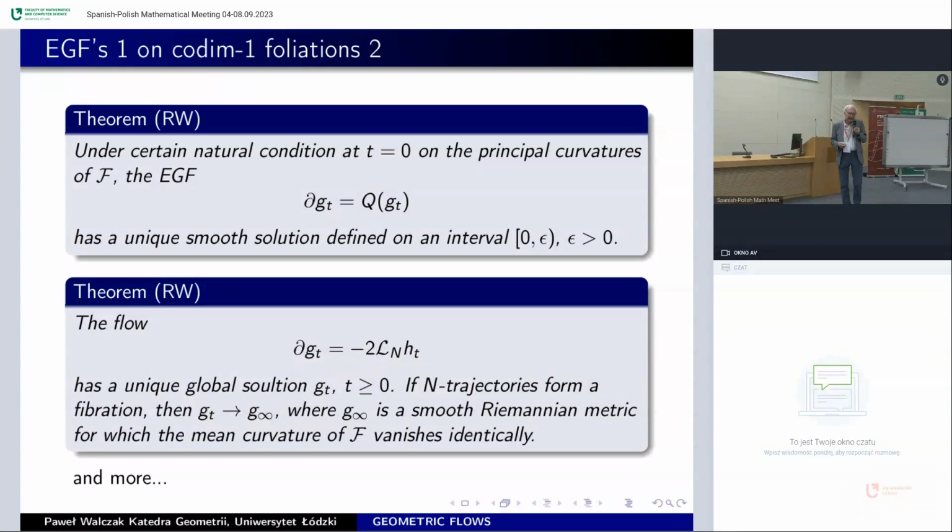In some particular cases, in place of this q of gt, we take the Lie derivative, where L denotes the Lie derivative in the direction normal to the foliation of this family of second fundamental forms.